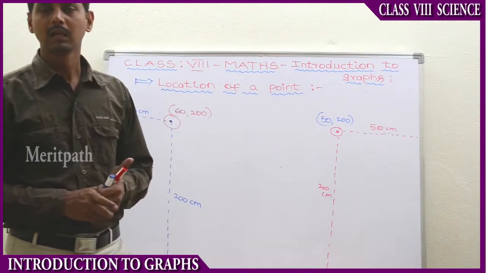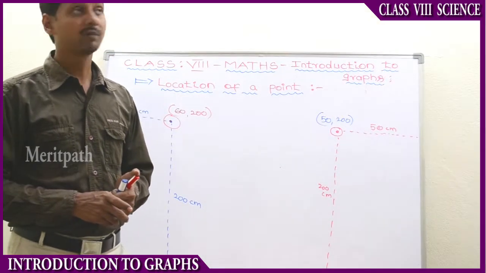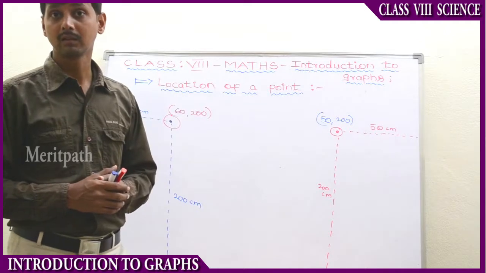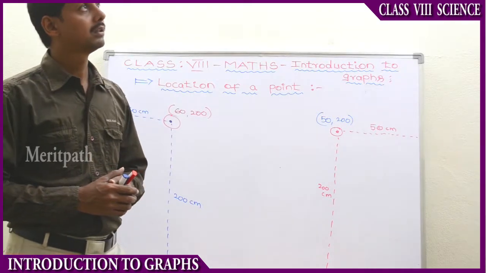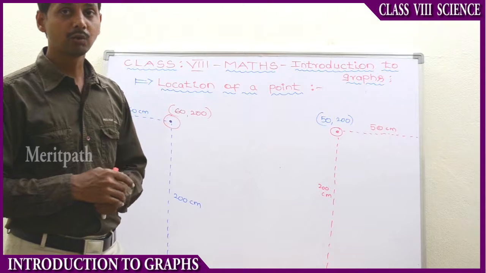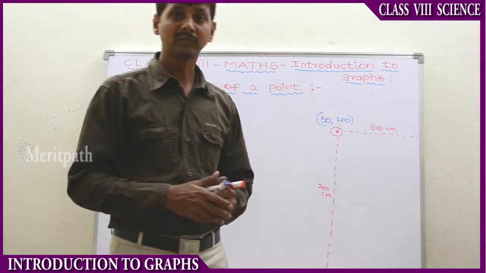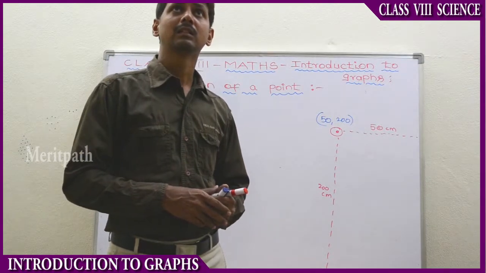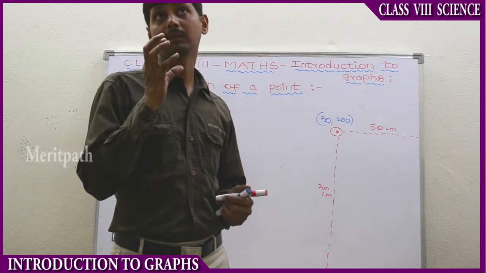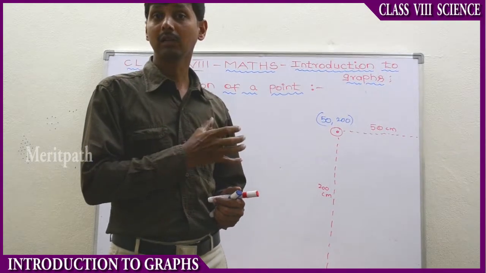Descartes was once observing an insect on the wall. When he was observing the insect, he got a doubt about what the location of the insect on the wall was.